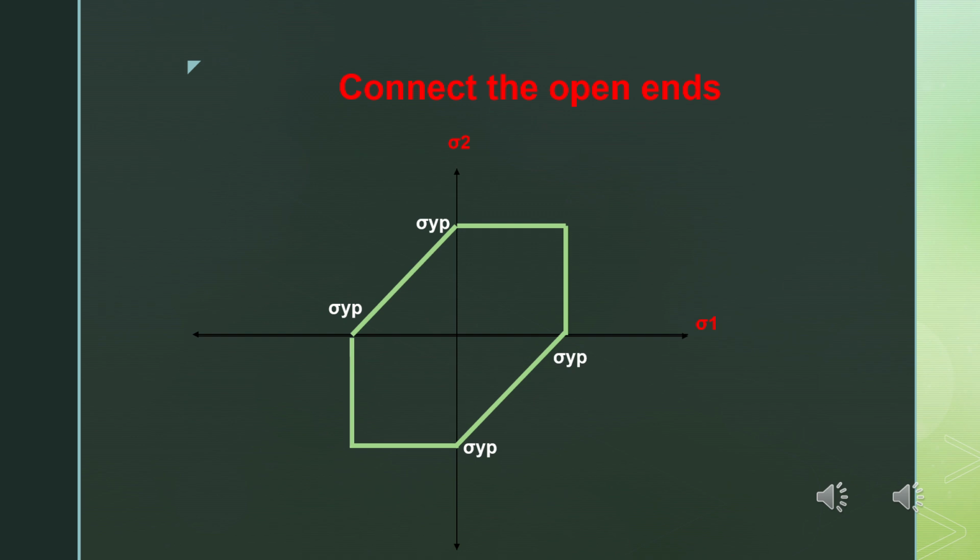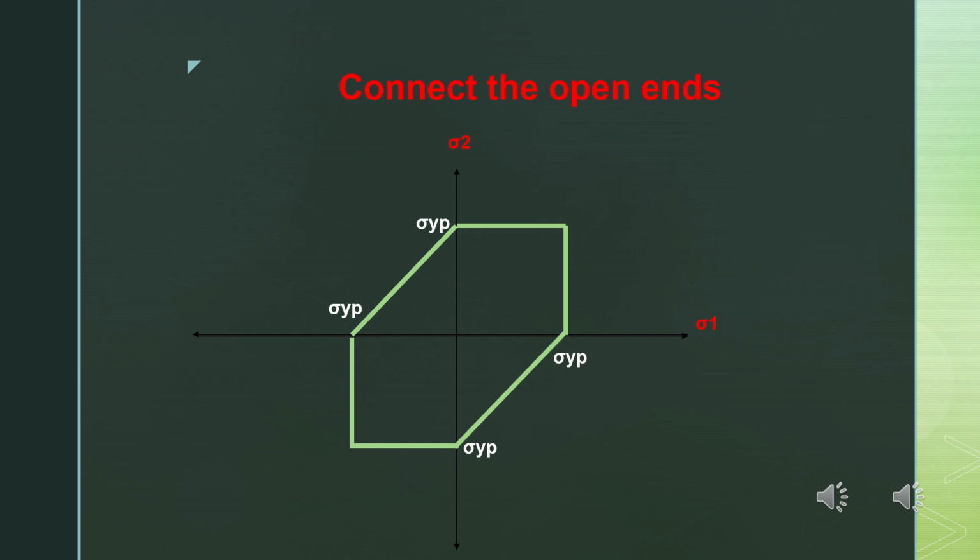Now, the next step will be to form a closed figure by connecting the open ends by straight lines. So there is a straight line connecting positive sigma 2 to negative sigma 1, and there is another straight line connecting positive sigma 1 to negative sigma 2.